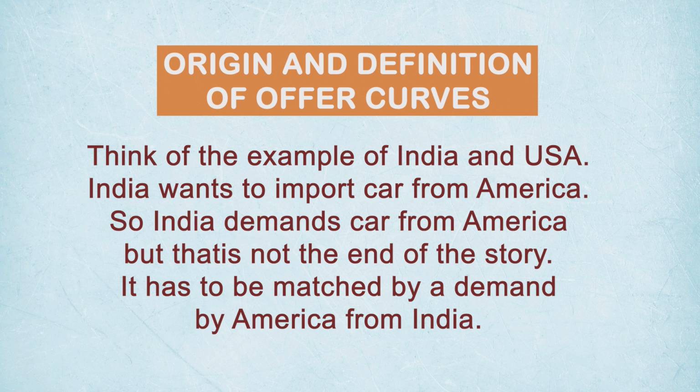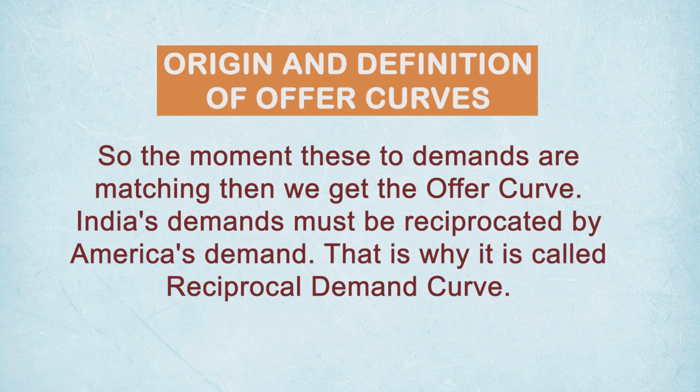This is the half-done story. It has to be matched by a demand by America from India. So the moment these two demands are matching, then we get the offer curve. So India's demand must be reciprocated by America's demand. That is why it is called the reciprocal demand curve.